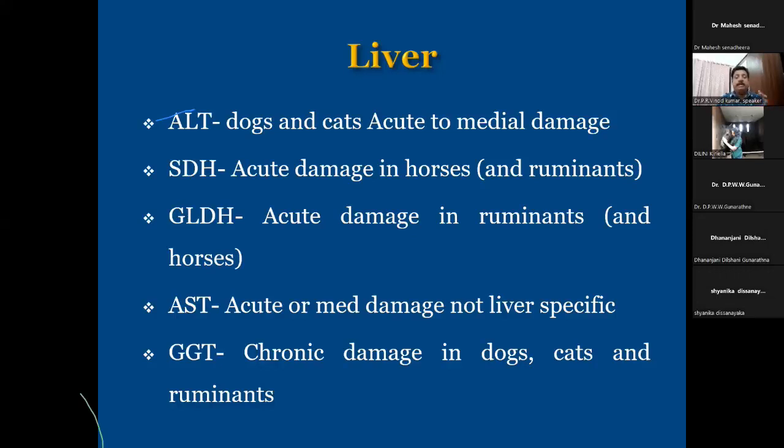AST is a non-specific enzyme, acute or medial damage, but not liver specific. GGT, yes, it is liver specific. It can be considered as liver specific in dogs and cats, but ruminants also.